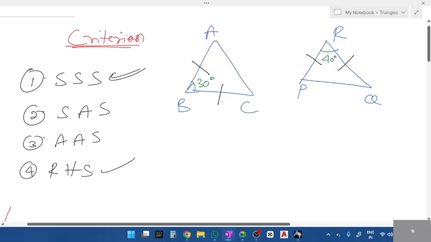Sorry, no, I marked it wrong. It should be like this. Now tell me. Two lines this side, two lines that side. What do those lines indicate? That those sides are equal?